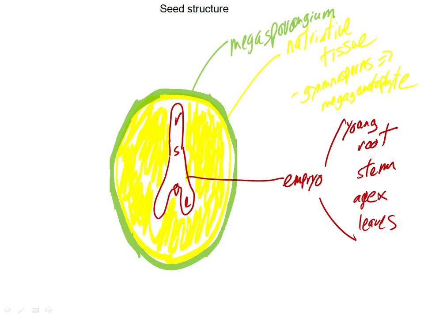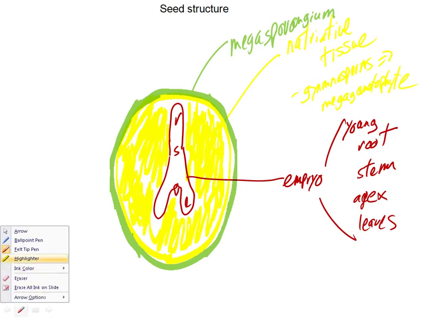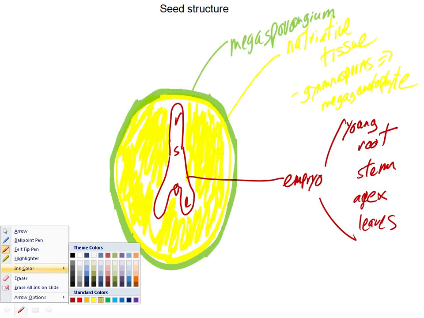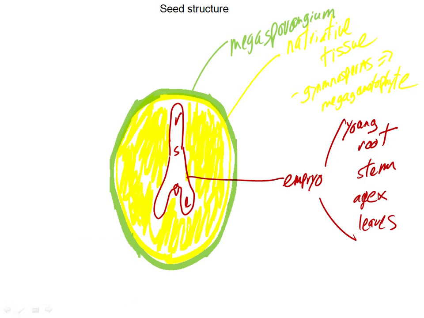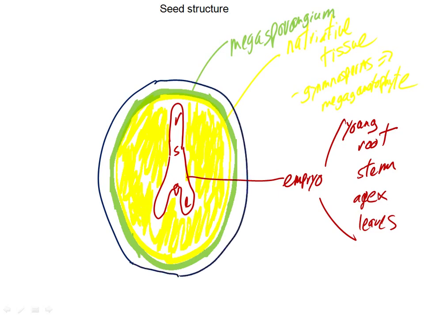Here's the megasporangium. Around the megasporangium now, we have another structure that's unique to the seed plants. And this structure on the outside then is the seed coat, and that's where we left off last time.